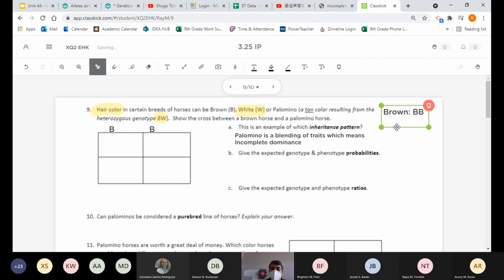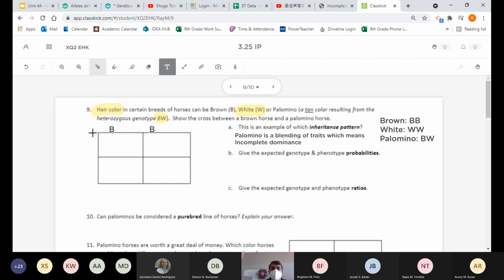Our white allele, or genotype, I guess, WW, and then palomino is when you got two of them together. So see how it's kind of like our dominant recessive? So the palomino is the heterozygote, right? It's got the capital lowercase. Here it has the two letters. So I don't love that it does it this way, but sometimes you might see it that way.